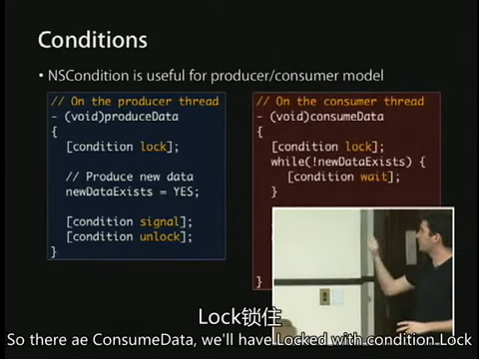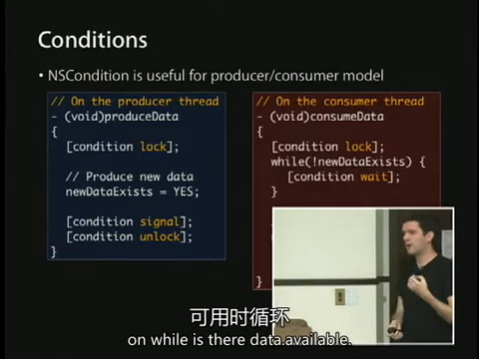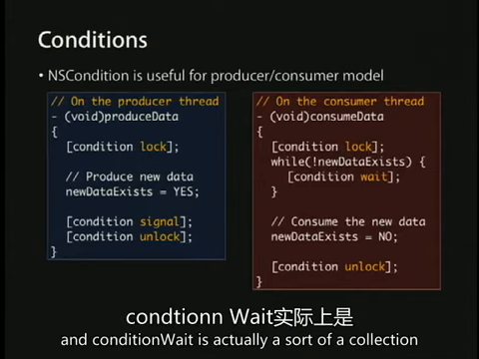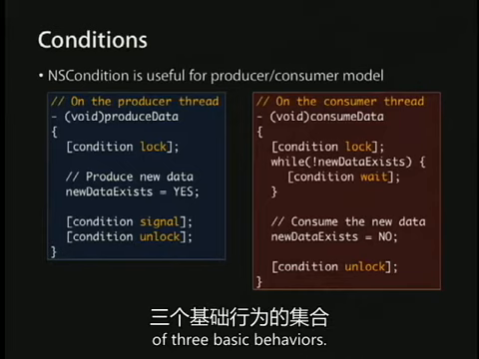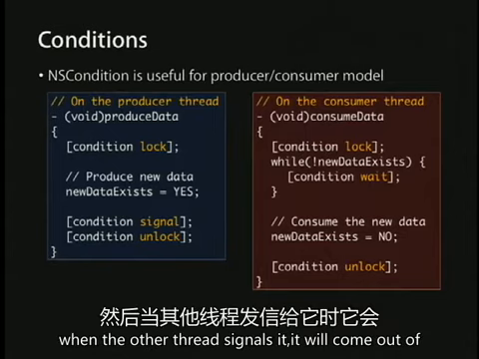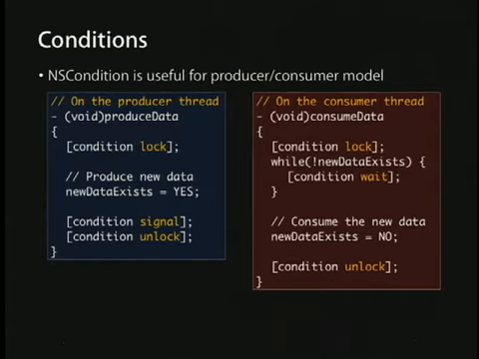So our consumer will have locked with condition lock. And then basically, it's going to loop on while there is no data available. While there's no data available, it's going to call condition wait. And condition wait is actually sort of a collection of 3 basic behaviors. It's going to unlock and perform a wait. And then when the other thread signals it, it'll come out of that wait and try to acquire the lock again.